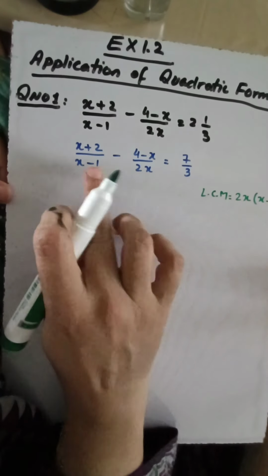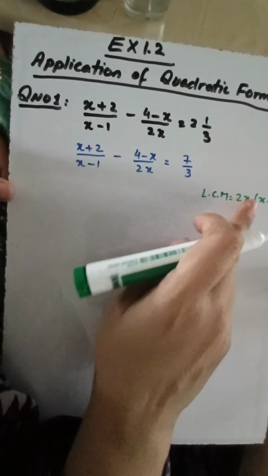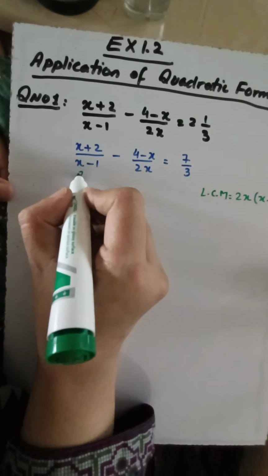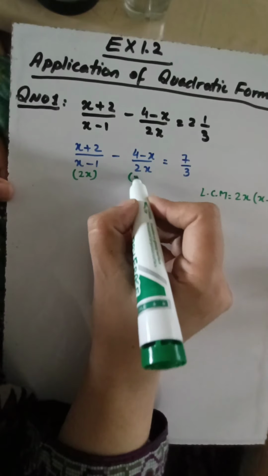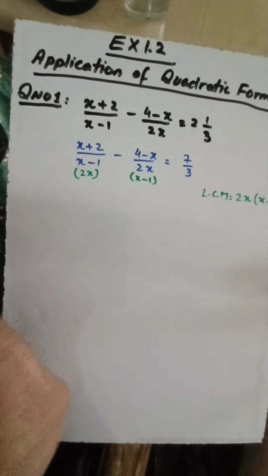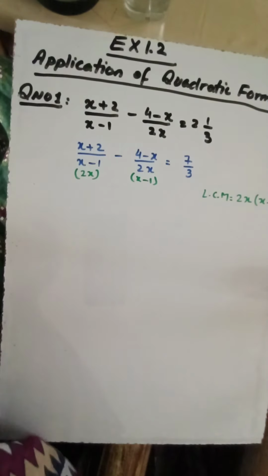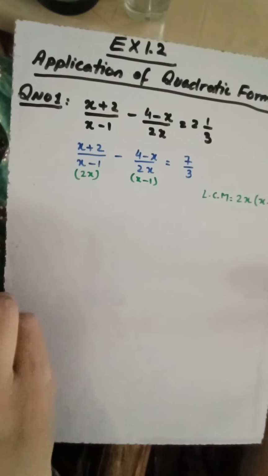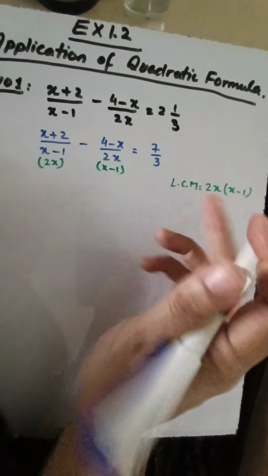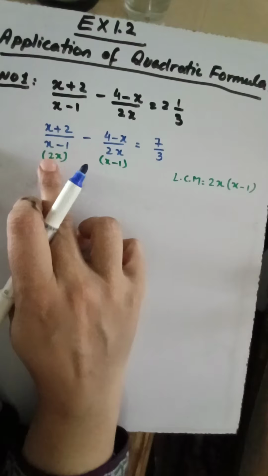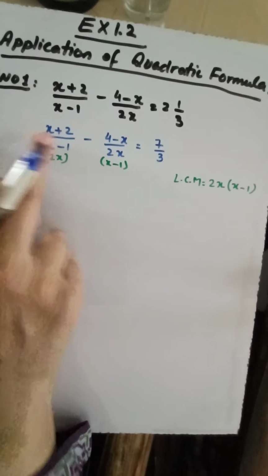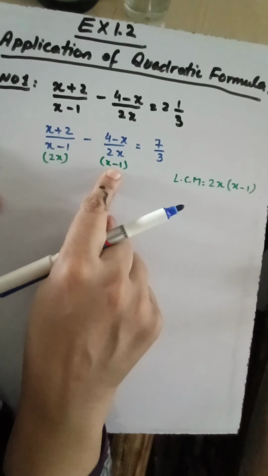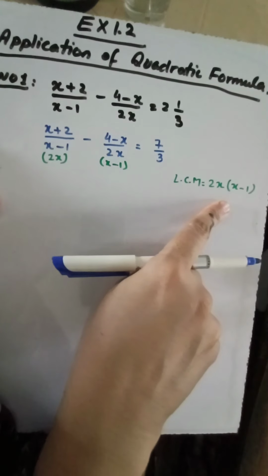In order to build this LCM, what is missing over here is 2x, so I am going to multiply 2x over here, and here we are missing the expression x minus 1. I have to multiply 2x over here because 2x will be multiplied with x minus 1 to give this, and x minus 1 times 2x will give us this.